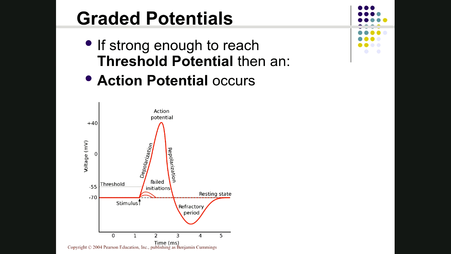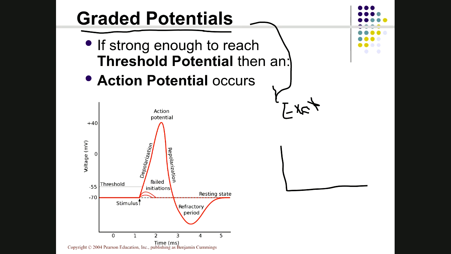So that's graded potentials. And graded potentials, remember, they move either up or down. If it's an excitatory stimulus, it's going to move this way. Well, here's our resting potential. There's actually another potential up here, which is called threshold potential.